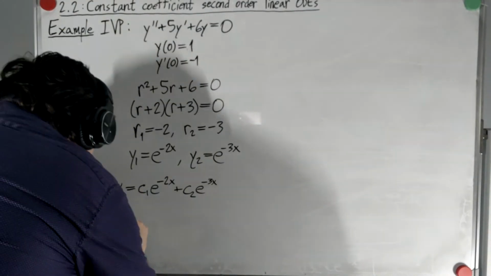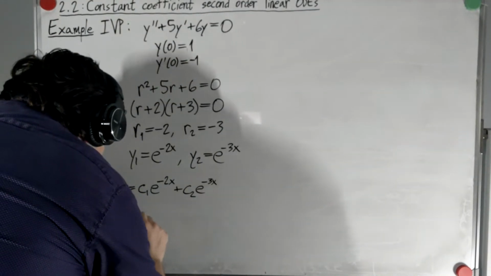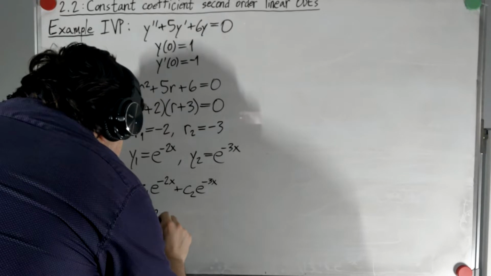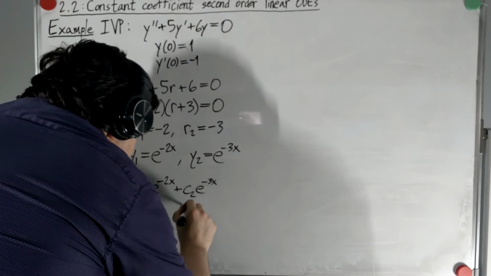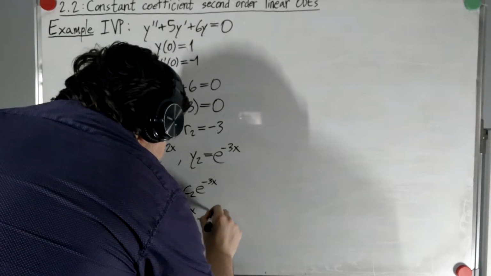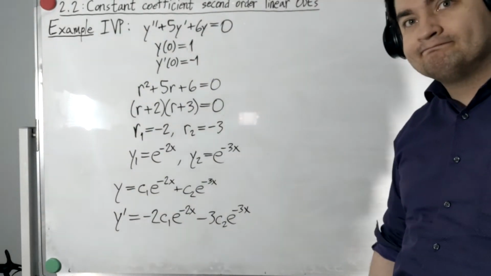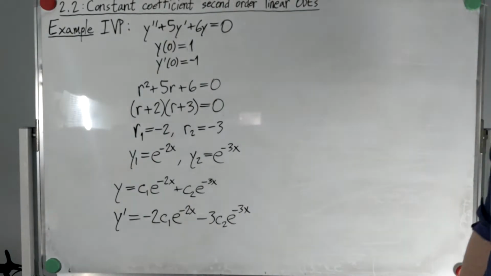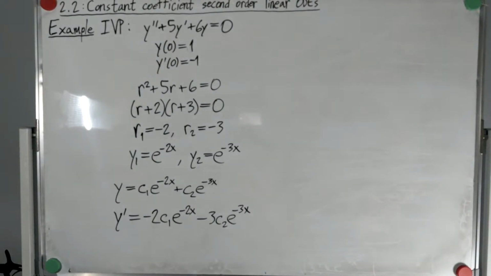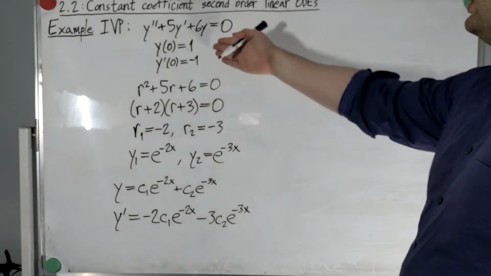So y prime, that's going to be -2 C1 e to the -2x minus 3 C2 e to the -3x. And so then from there we can apply the initial conditions.